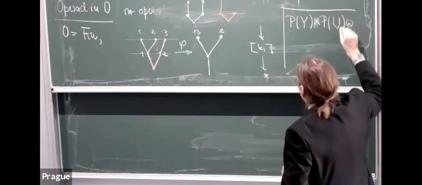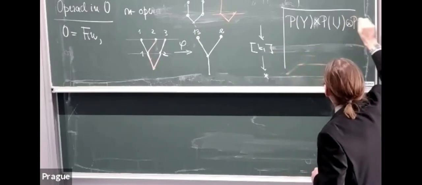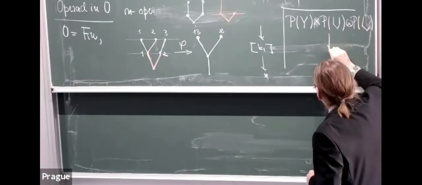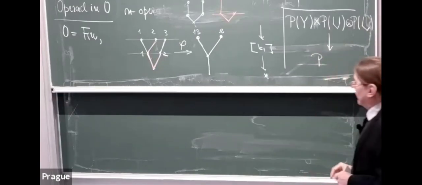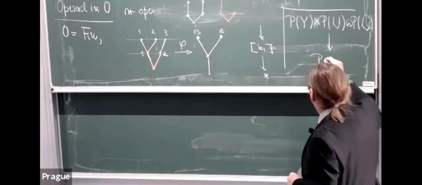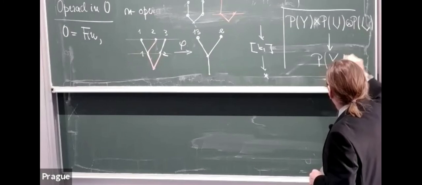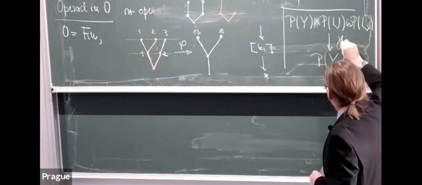Times the second fiber, and the image must be in the big tree, and this is gamma.